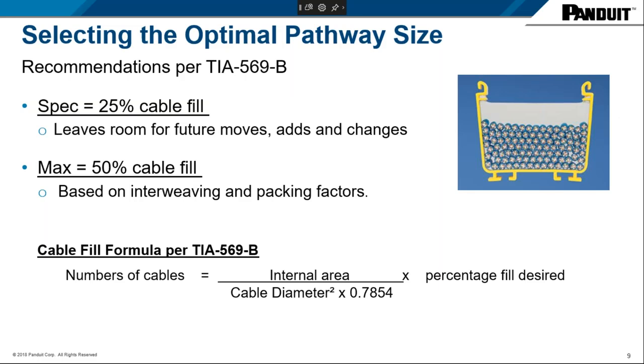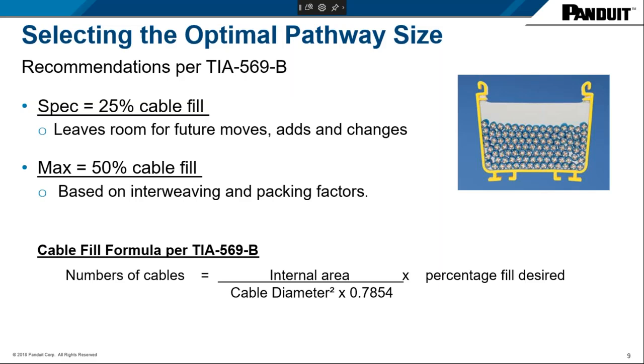So again, a 25% cable fill would be the best recommendation. The max fill we're recommending is a 50% cable fill. But again, you're really leaving the possibility of needing that second layer, because your pathway is going to be very full, and it's not going to provide the room to add more cables.